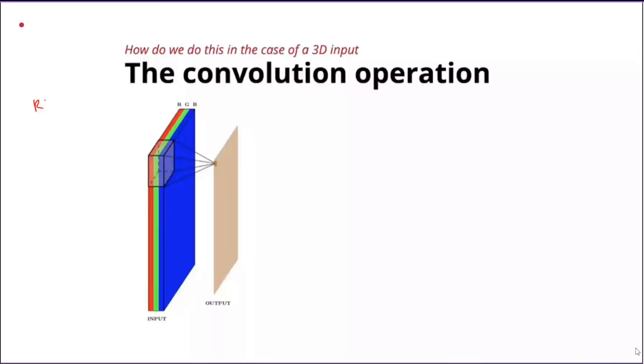Here the red channel, green channel, and blue channel have their own pixels. By applying a convolution operation using one filter, you will get a convolved image or an activation map of size 2D. So how is it happening?